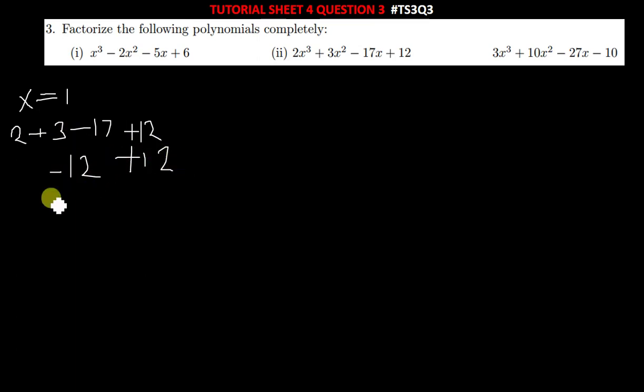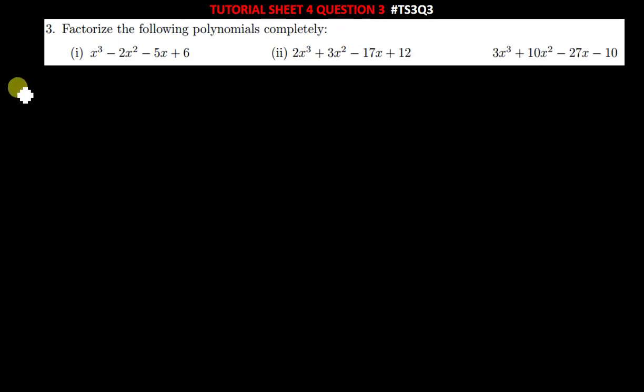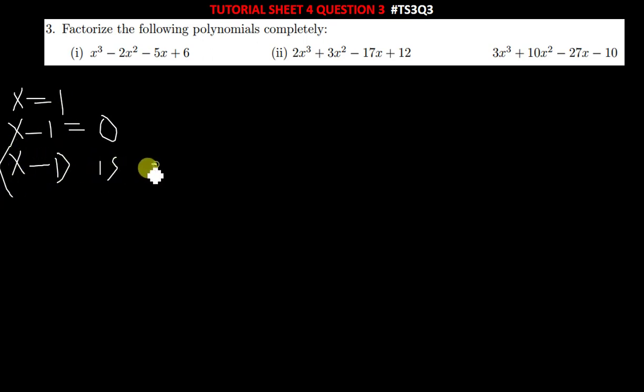So when you add the 2, you are getting a 0. This simply means that 1 has been accepted, and we can now say x is equal to 1. So x minus 1 is equal to 0, and then x minus 1 is a factor.